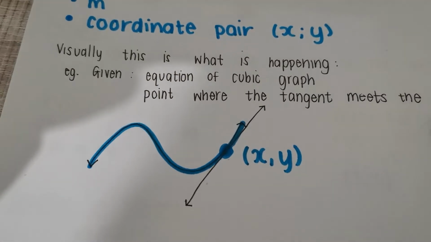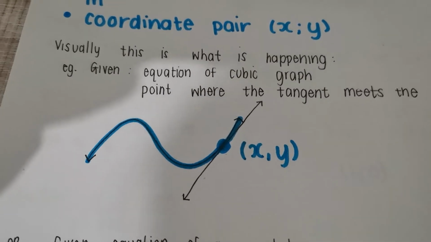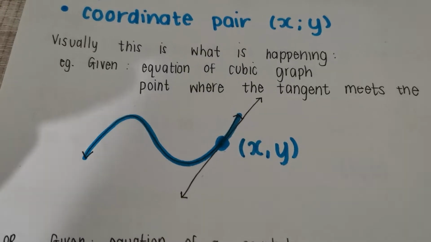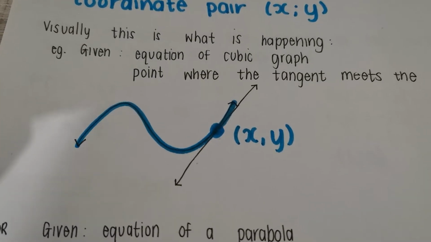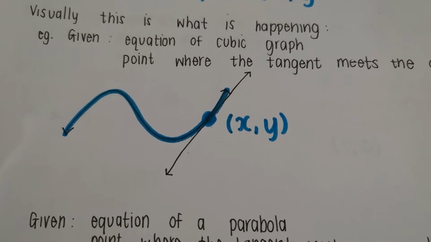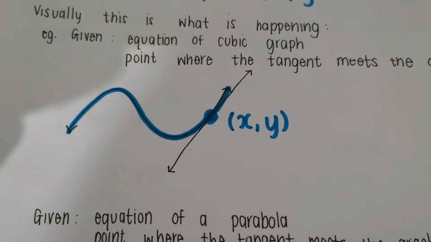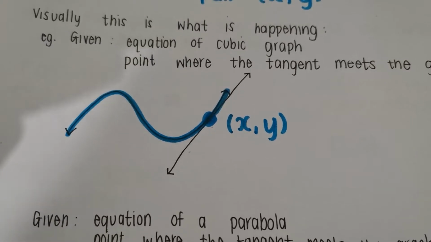So what we're going to do is sub this particular point that's given to us into the derivative. If you remember in the beginning, I told you that very loosely, and this is a very loose explanation of it, what we're doing in calculus is basically working out the gradient of curves.